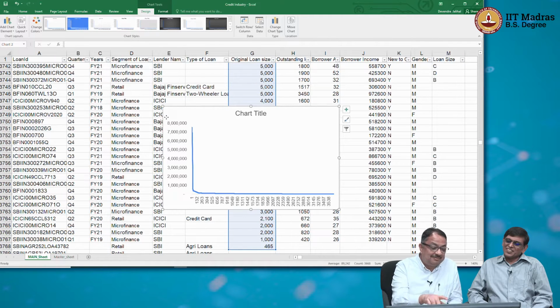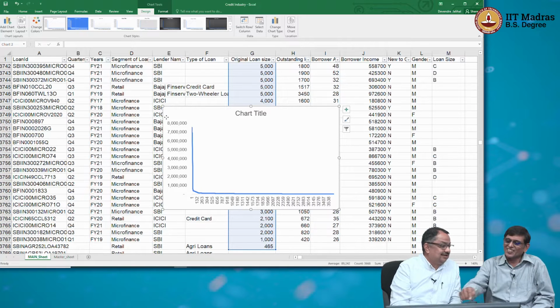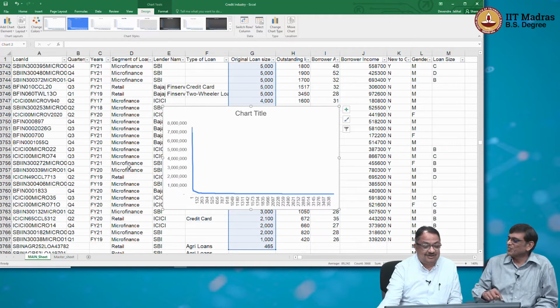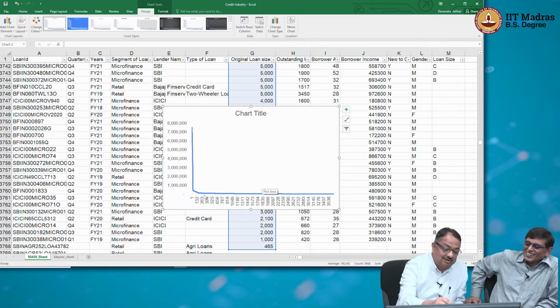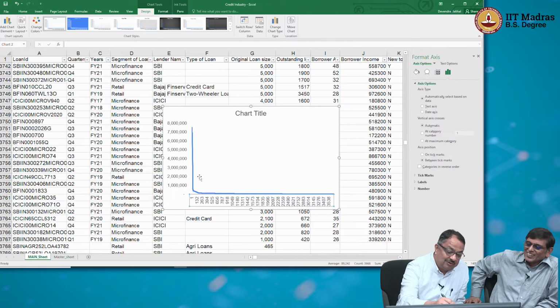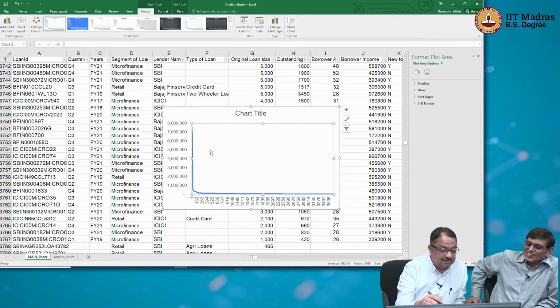But maybe it may be worth explaining to the students why this represents a long tail.